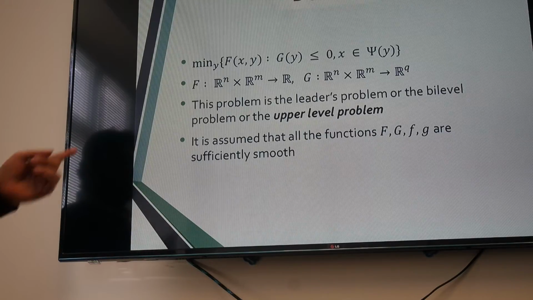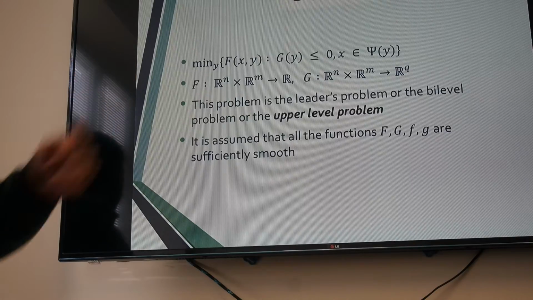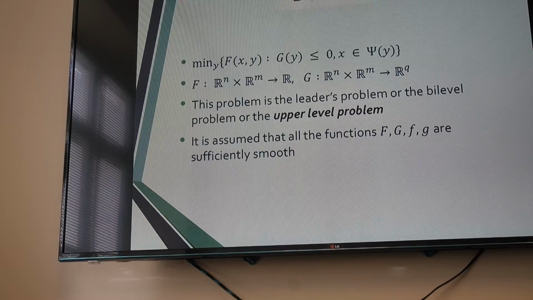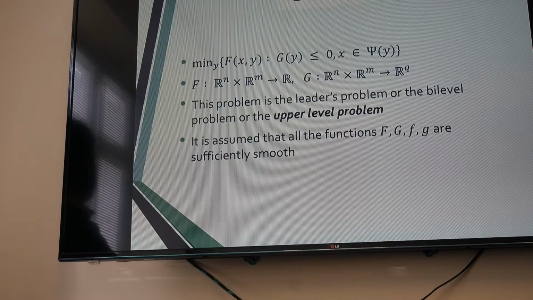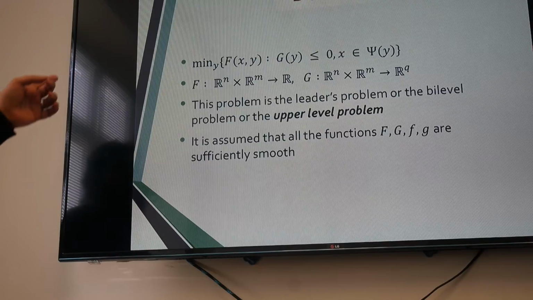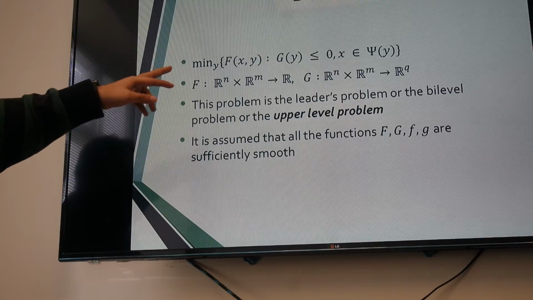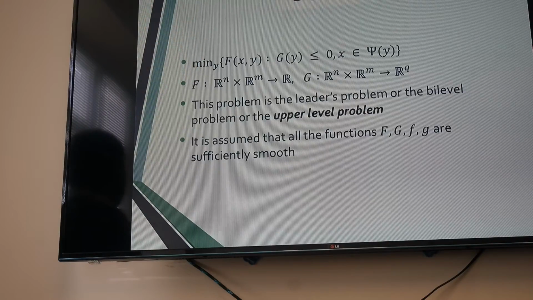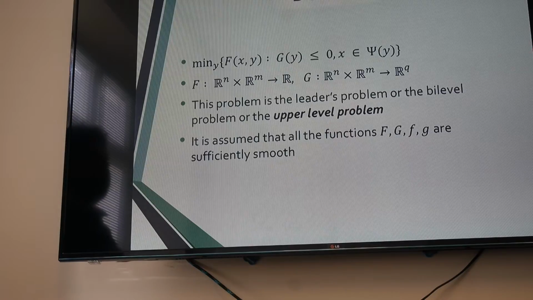More or less. What do you mean by more or less? Because when you try to solve it, it is a variable. Once you solve the lower level problem, it becomes a parameter. So it depends on which stage you are at. F is a real number, and we will have Q number of constraints, G.